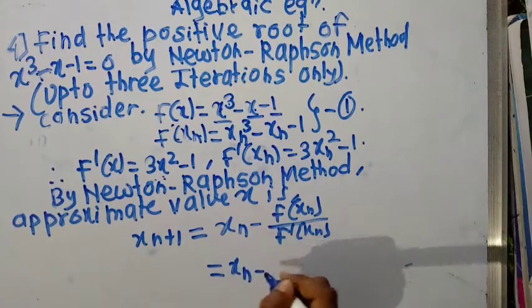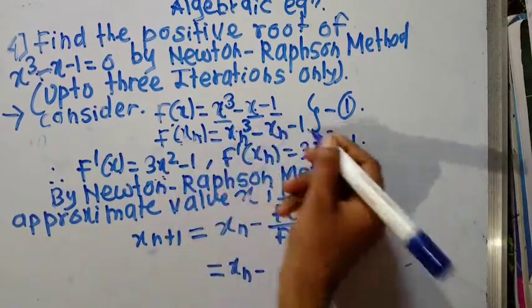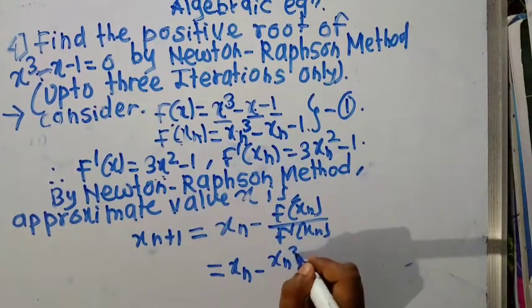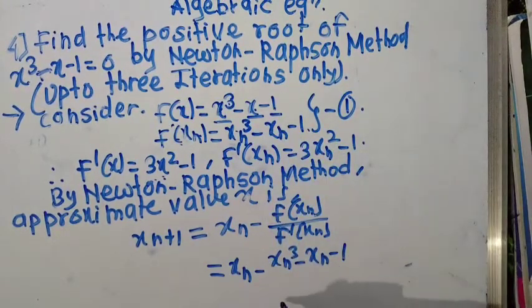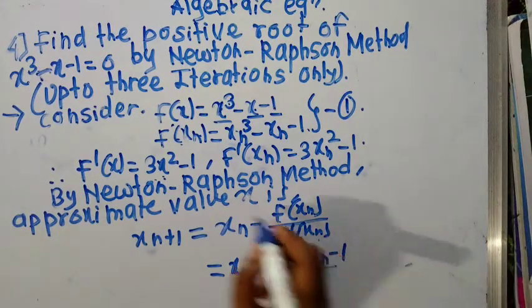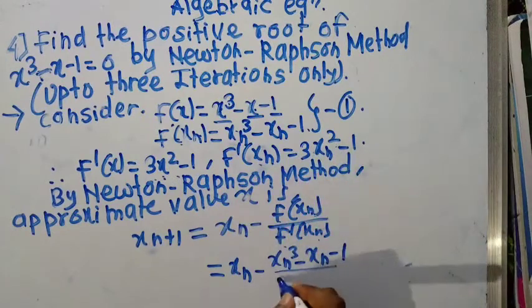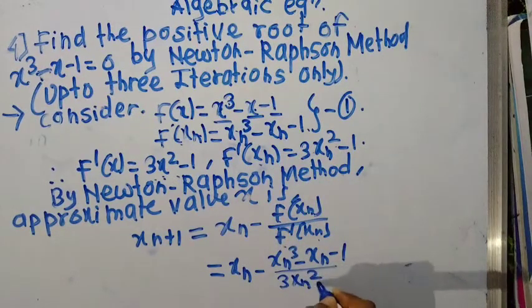So here f of xn is xn cube minus xn minus 1 divided by f dash of xn, which is 3xn square minus 1.